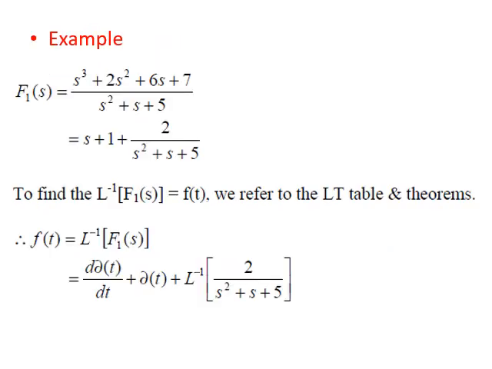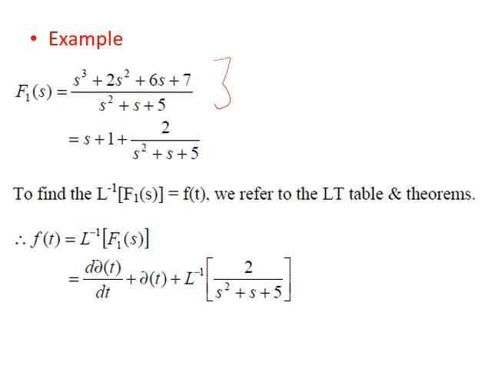Like for example, in this example, if I want to calculate the Laplace inverse of this function, it's very clear here that the order of the numerator is higher than the order of the denominator. For that, we cannot apply the partial fraction expansion directly. We will divide the numerator over the denominator. Keep in mind, I didn't show the dividing steps here.